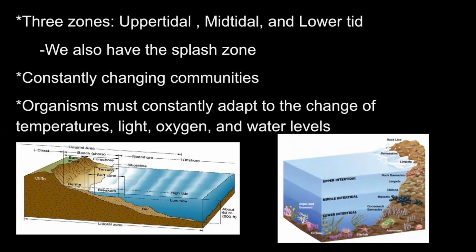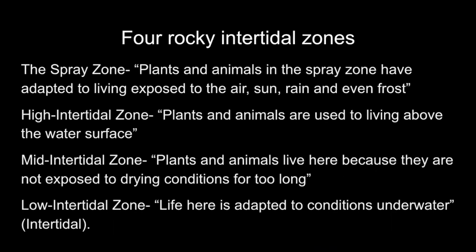Organisms must constantly adapt to the change of temperature, light, oxygen, and water levels. Many marine organisms have also developed biologically to keep their bodies healthy from the salinity found in the ocean. Then we have the 4 rocky intertidal zones.